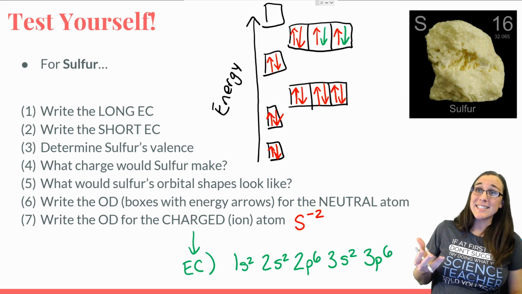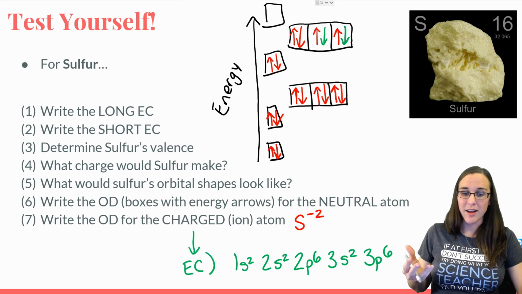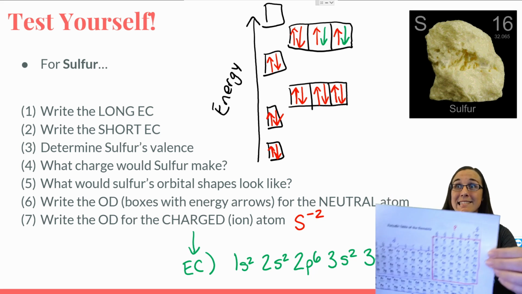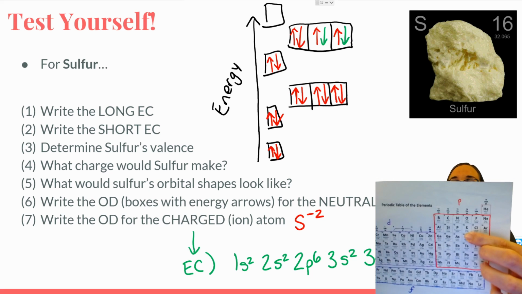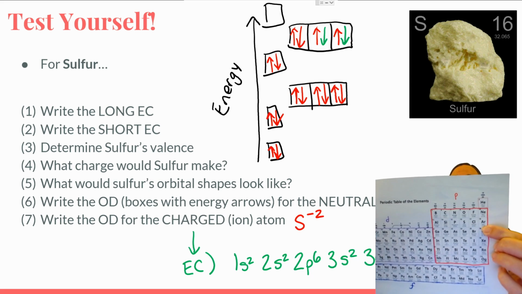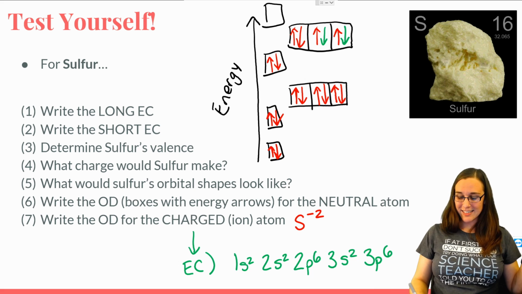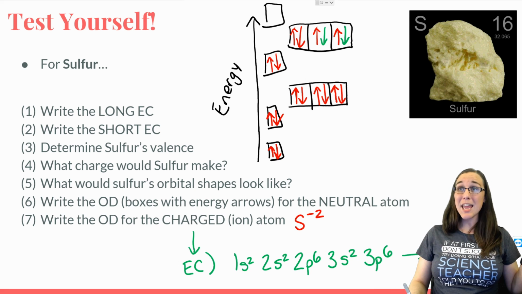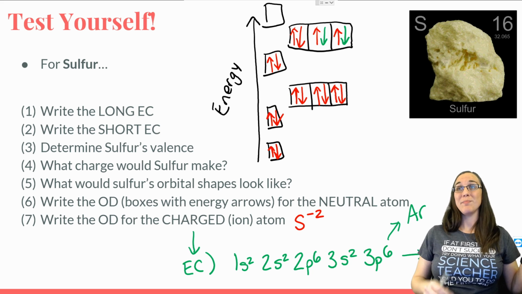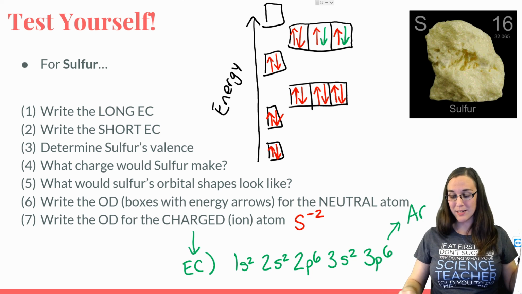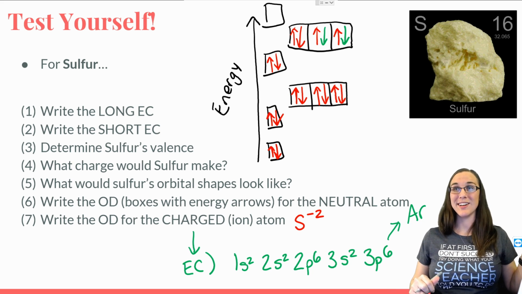So if sulfur gains 2 electrons, it ends up becoming like argon. Technically, this is the same electron configuration that you would see for argon, because that is who sulfur is trying to be like when it gains 2 electrons.